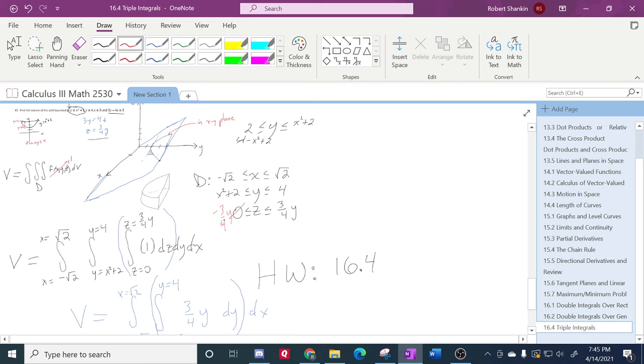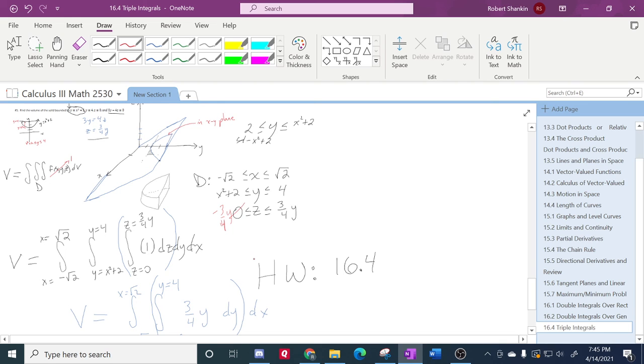Then we would need a triple integral to capture all of it. Very good. A double integral captures it from 0 on up automatically. But if this was something else other than 0, then we need the triple integral to get that.